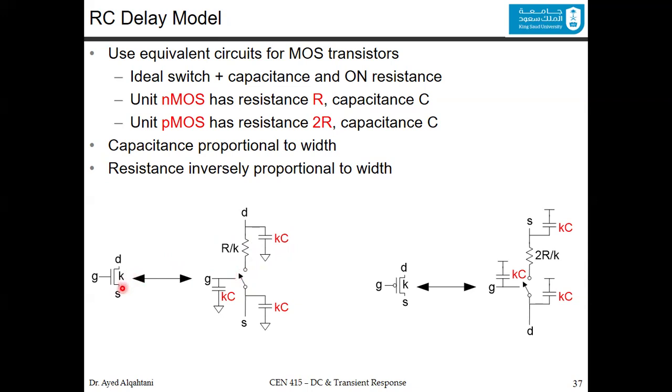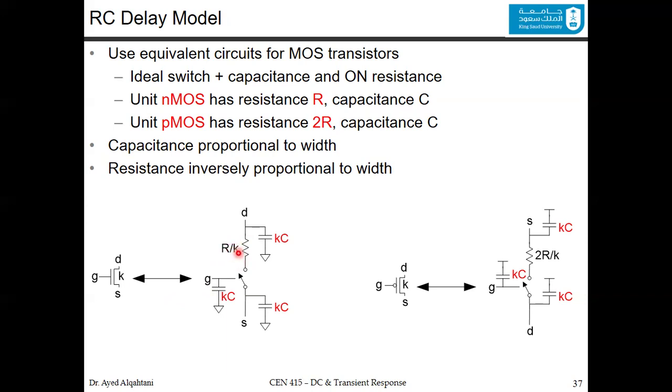Now, what about the resistance? If you know K, then you can replace the transistor by a single resistance and a switch. The switch indicates the operation of the transistor, whether it's on or off. The amount of resistance is R over K.